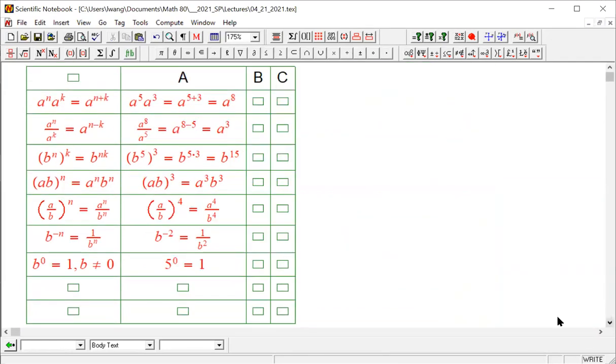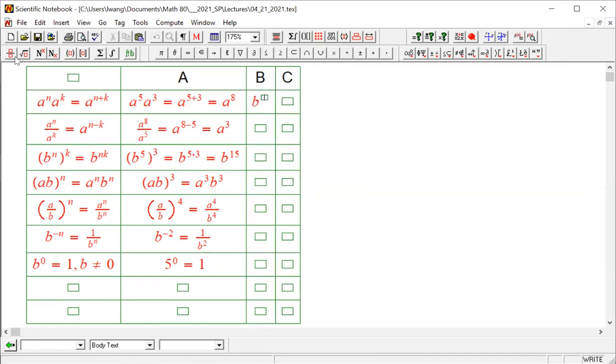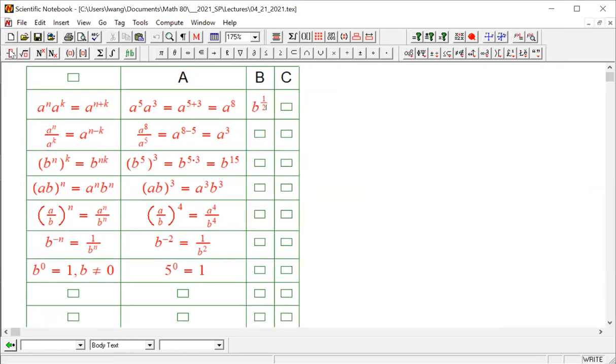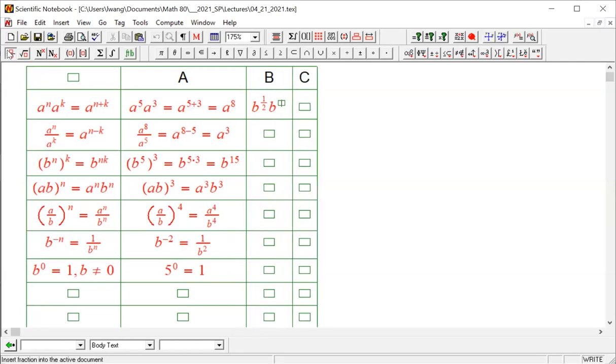Okay, so now with all of that we have done, let's look at column B. In column B, we have b raised to the power half, multiplied by b raised to the power of a third. How do we handle that?